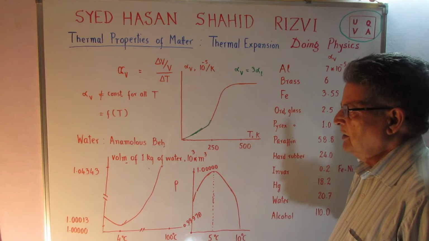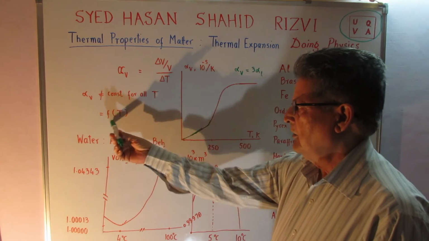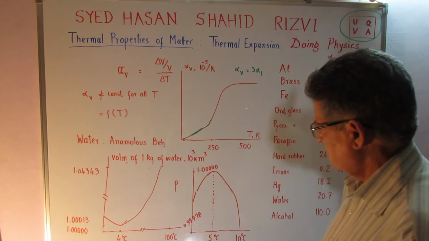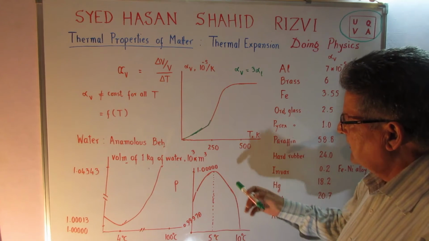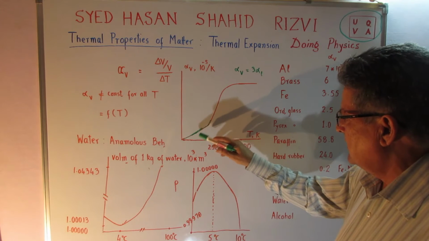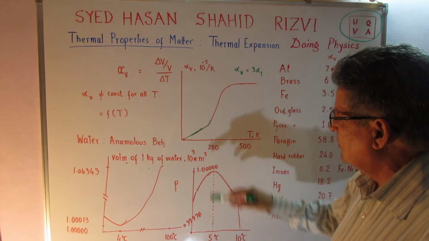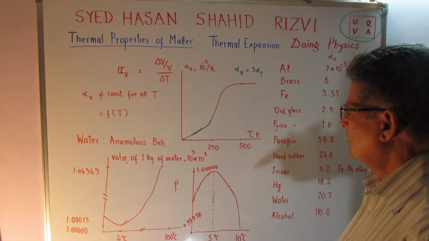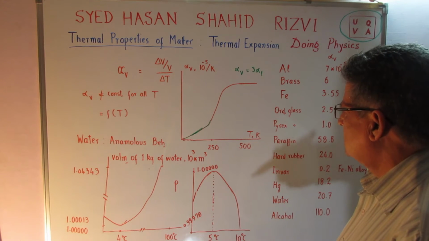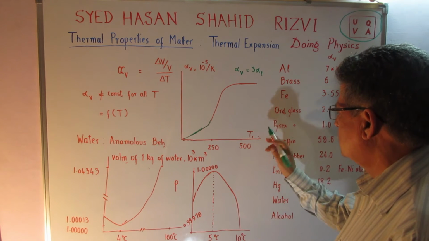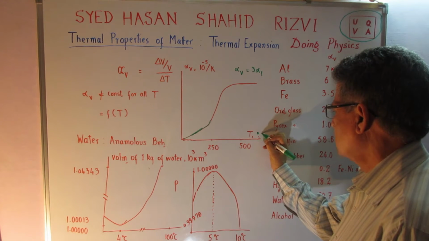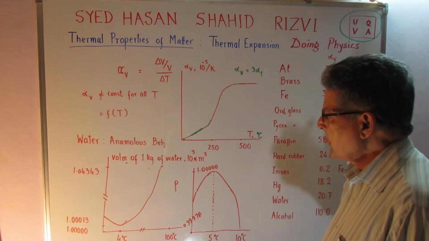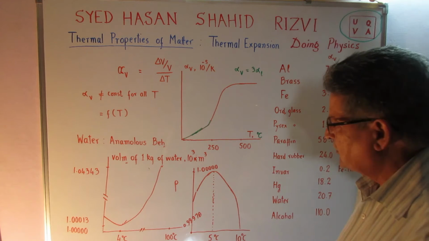So similarly here, alpha V becomes a function of T, and non-linearity creeps into the system. You can see that there is a behavior after 200 Celsius. The temperature is in degrees Celsius, which is more practical as compared to the Kelvin temperature.